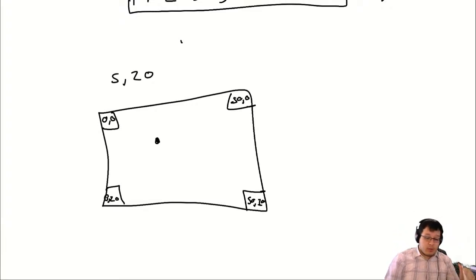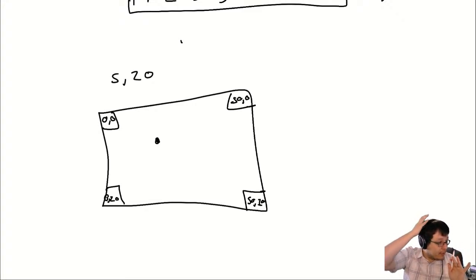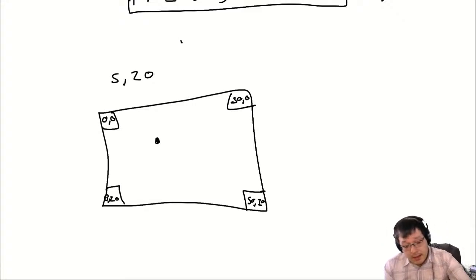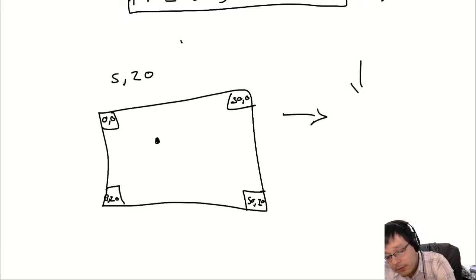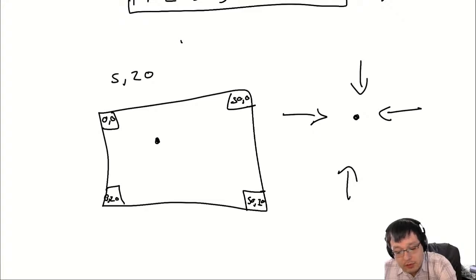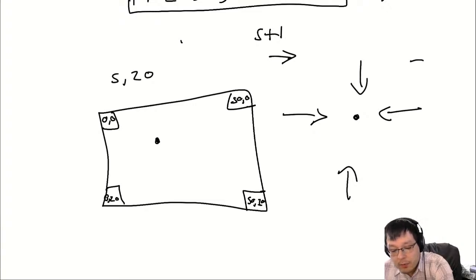So what you need to figure out is which way the storm needs to grow. The storm has to go in 4 directions, right? Towards the center. If you need the storm to move this way, you need to add 1 to your X values. Whereas if you want it to go this way, you need to subtract 1. Over here, if you want it to go down, this may be counterintuitive, but you have to add 1 to it. And if you want to go up, you have to subtract 1.